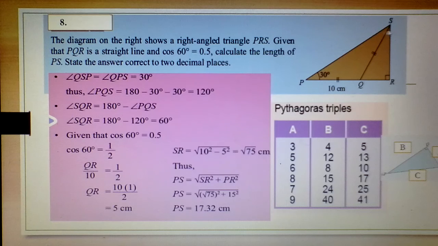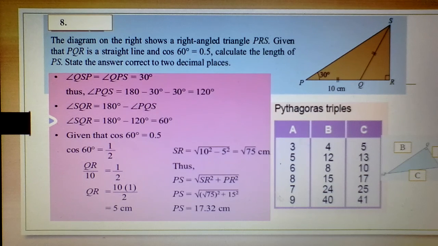For SR we get 10 squared minus 5 squared. Look at this triangle QRS. Here is 5, here is 10. So we get SR equal to the square root of 75. Thus PS, look at the largest triangle, PRS, the whole triangle. PR is 15, SR is the square root of 75. Using Pythagoras theorem, PS equals the square root of 75 squared plus 15 squared. So you get PS is 17.32 cm.